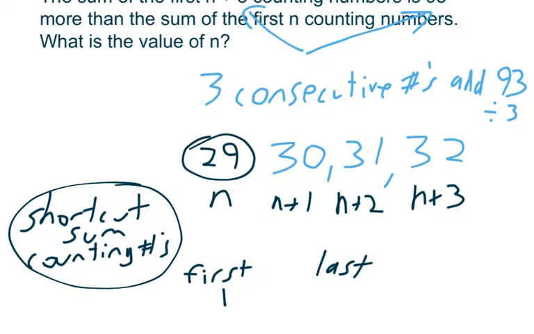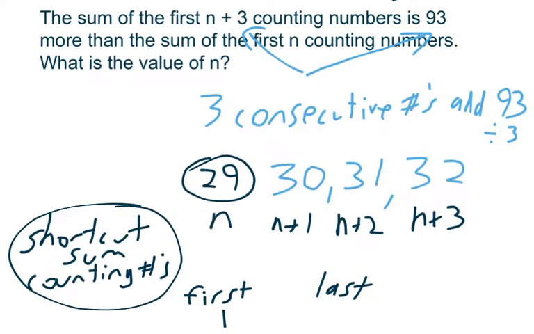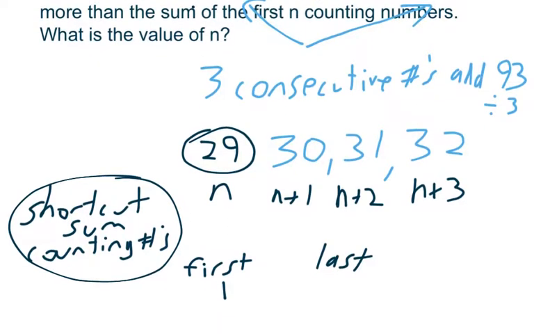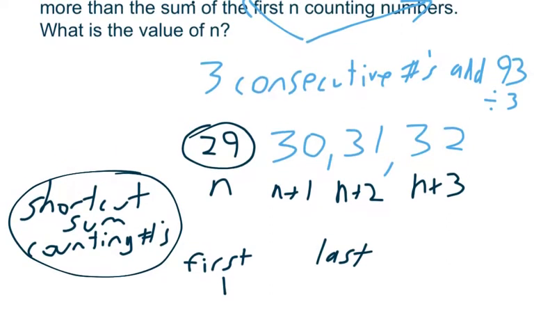Just to read this, I'm going to make an equation out of this that says the first n plus 3 counting numbers. So I'm saying that the answer is 32. The sum of the first 32 counting numbers. So I'm going to make that be 32 for my last number.